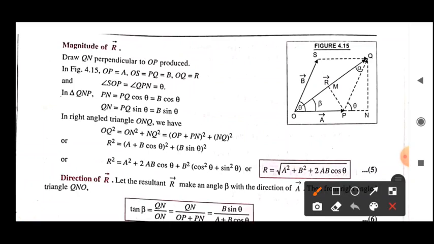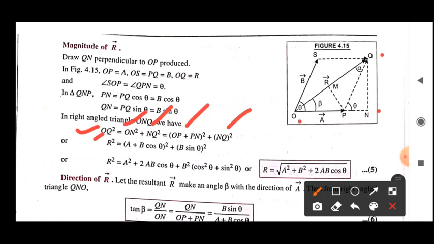Now we again have to find out in the right angle triangle ONQ. So in this case OQ square is ON square plus NQ square. Again ON can be written as OP plus PN, then NQ.